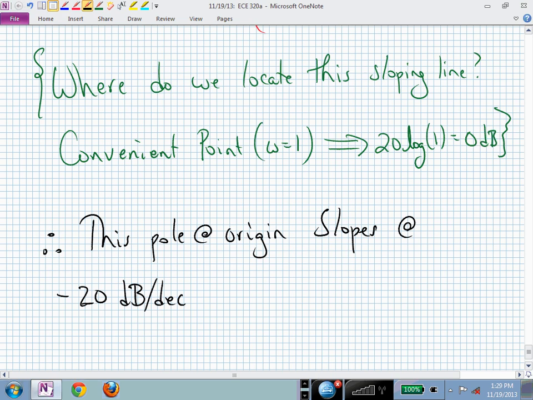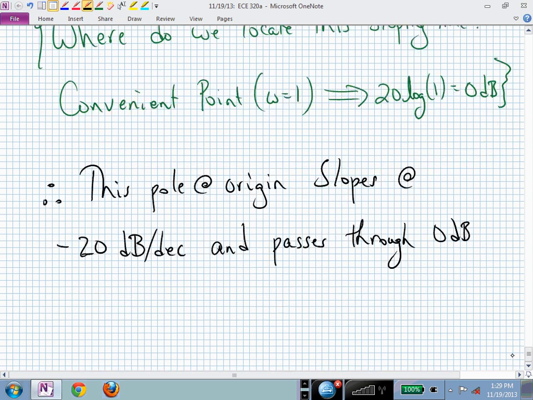If it was two poles at the origin, it would be twice that. It would be sloping at minus 40 dB per decade. We know it has this slope always, and now we know where it actually passes. It passes through 0 dB right at omega equal to 1 radian per second.